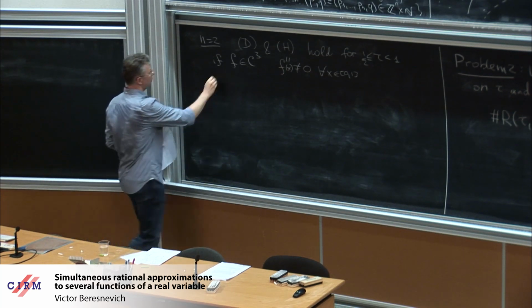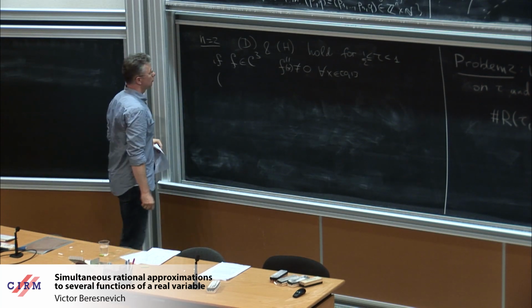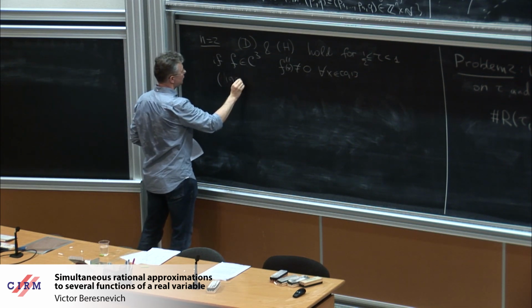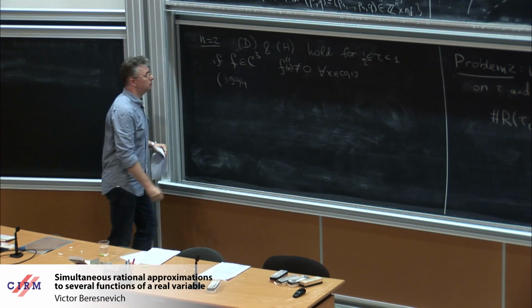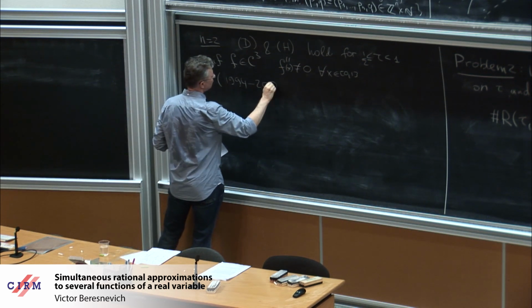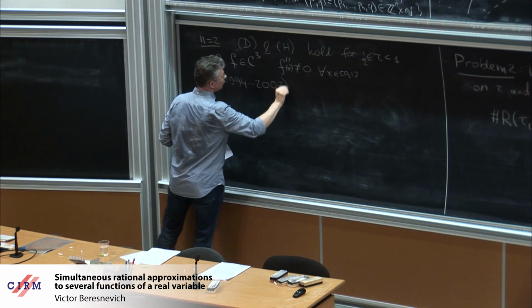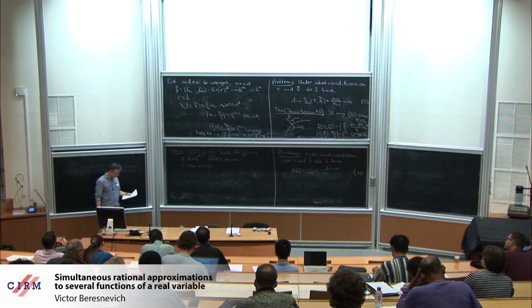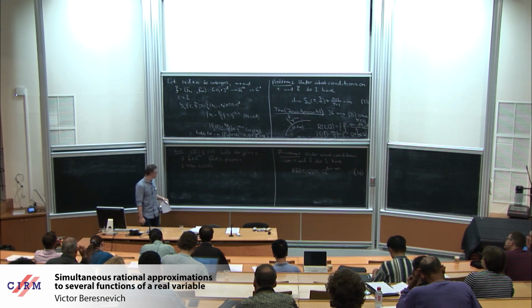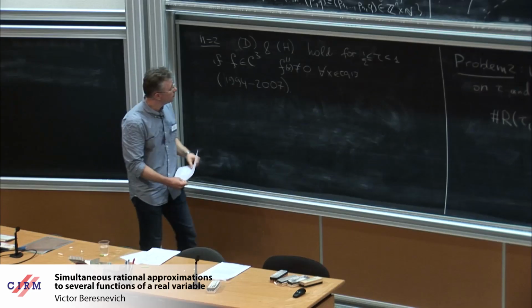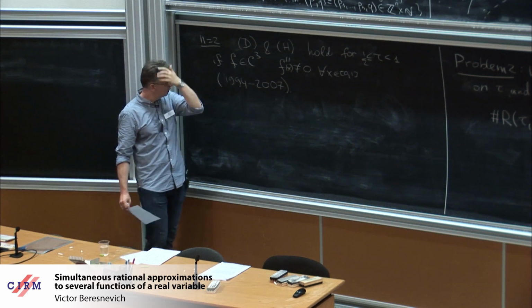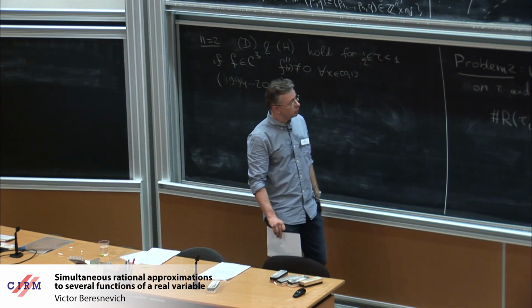So these are results obtained between 1994 and 2007 by several people, including Huxley, Dickinson, Vaughan, Villani, myself, and a few further papers where this condition was relaxed in some way, and the bound turned into asymptotic.